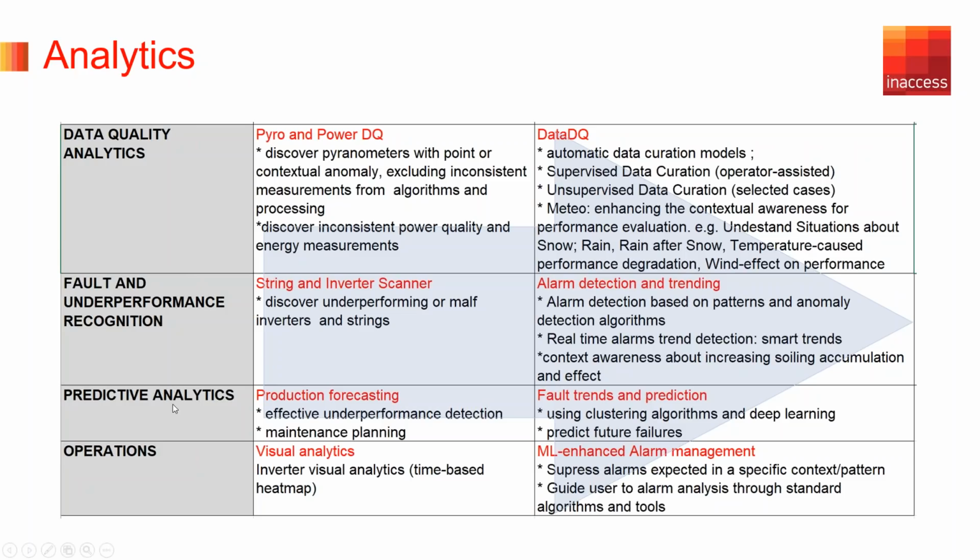And last but not least, we have the predictive analytics, which can be production forecasting based on algorithms, so as to understand what is the expected power and compare it to the actual power, and also the understanding of the trends of fault, so as to predict something before it happens, so as to predict an inverter failure before it happens and go and do something so as to save time and increase your performance.